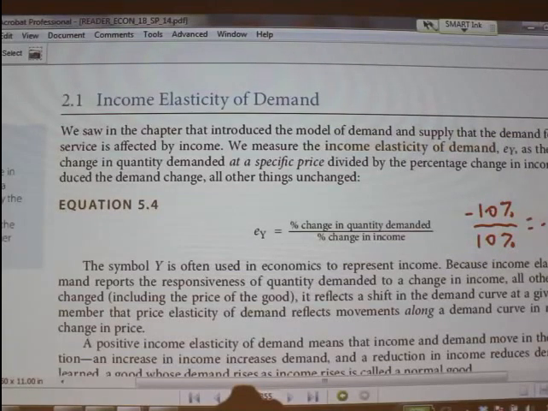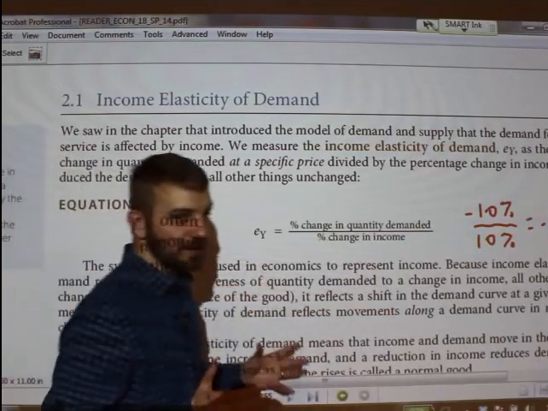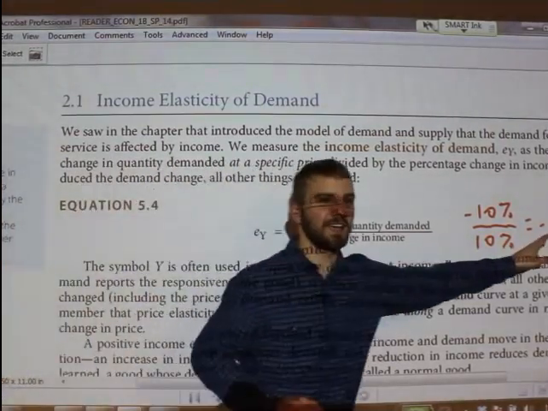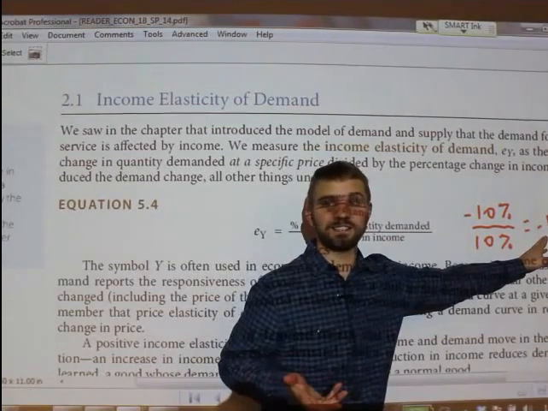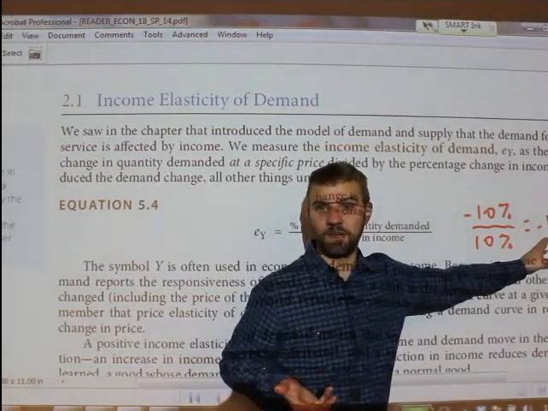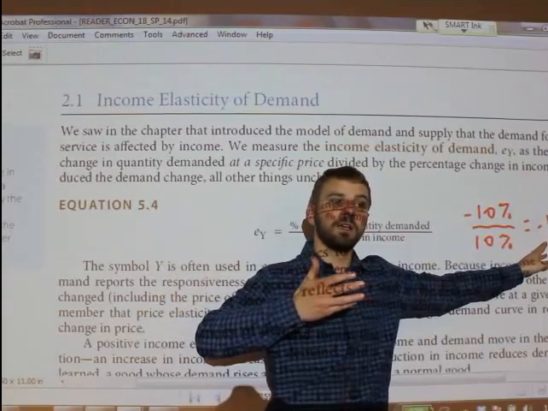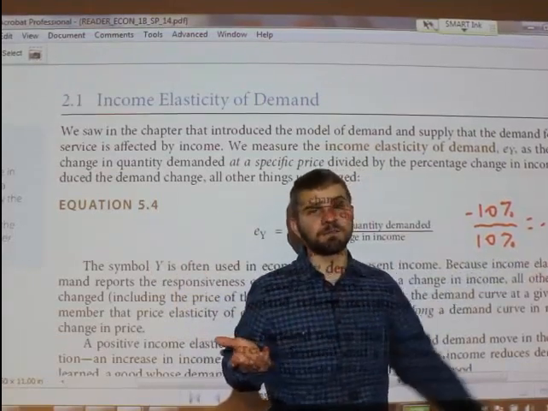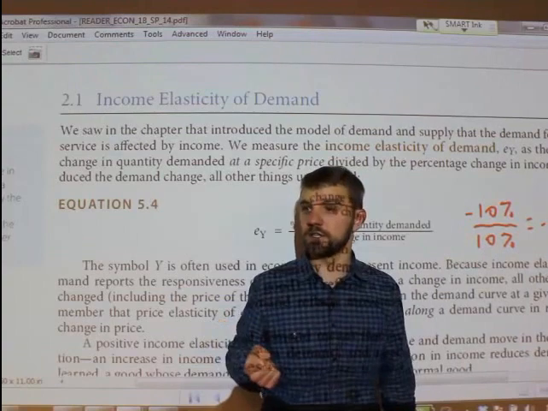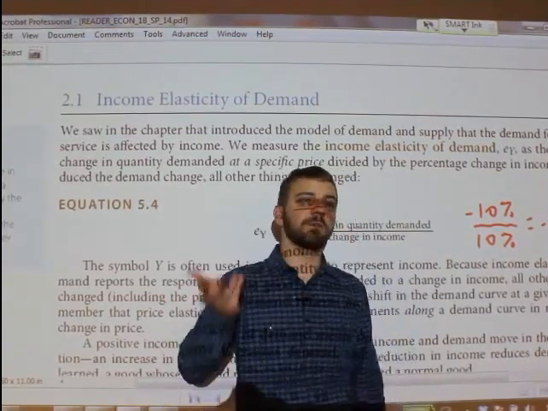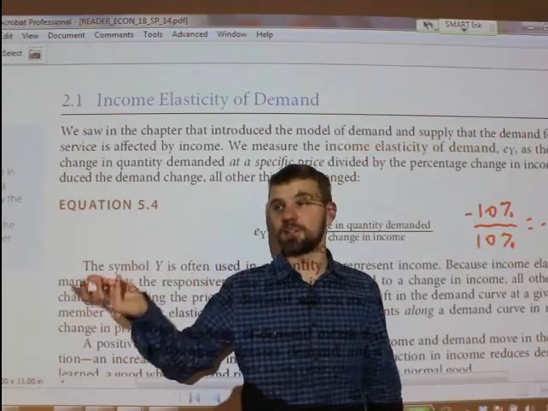Now, there's a very important difference here. For income elasticity of demand, we care about the sign, because it could be positive, it could be negative. In this example, when your income went up, quantity demanded fell. We're talking about bus rides, and sometimes that's argued to be an inferior good. But for most goods that are normal goods, when your income goes up, quantity demanded also goes up.